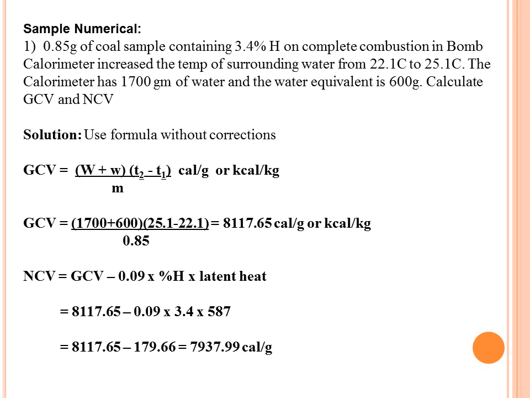In that formula we have already taken it in terms of percentage, so don't convert it, take it as it is. So GCV is 8117.65 minus 0.09 × 3.4 × 587. So our answer is 7937.99 calorie per gram.